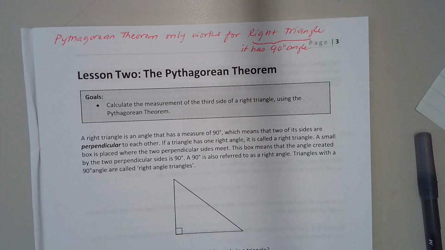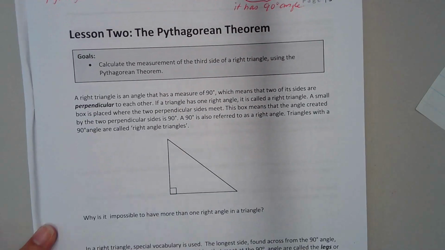Yeah, last time we said a triangle has 3 sides. So you're going to be given 2 sides. You're solving for the third side. But the question is, which one is the third side? It could be any. Any side would be a third side. Okay, so let's read on.